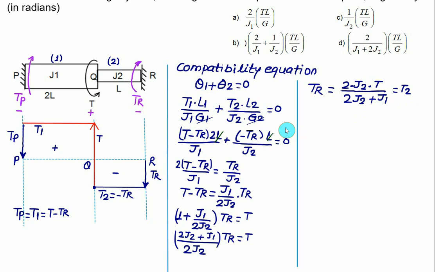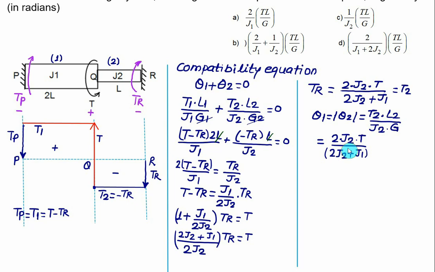Negative value doesn't matter. We'll calculate here theta 1, and theta 1 is the same as the absolute value of theta 2, which is again equal to T2 L2 by J2 into G. Let's substitute for T2. T2 will be equal to 2 times J2 into T divided by 2 times J2 plus J1.